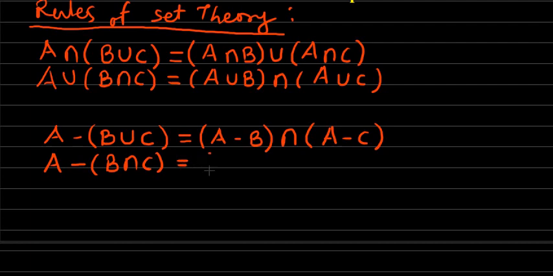The second De Morgan's law is A minus (B intersection C) is equal to (A minus B) union (A minus C). So these are the two De Morgan's laws.